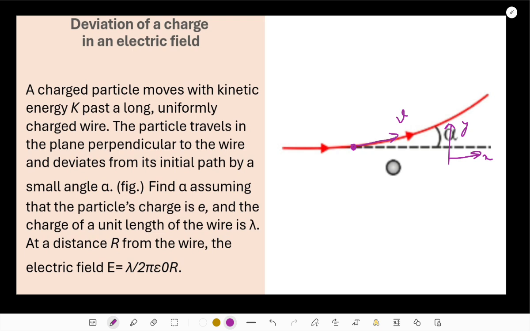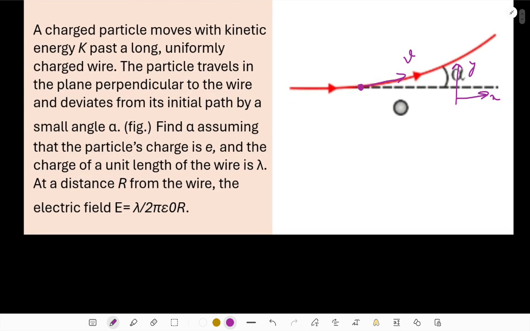The angle made by the velocity vector with the x-axis is alpha. So this velocity vector has two components: the x component vx and the y component vy, so that tan alpha is equal to vy upon vx.